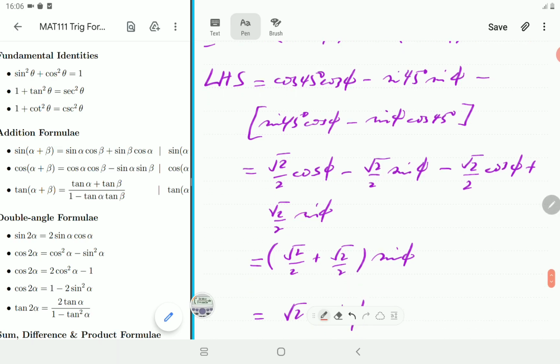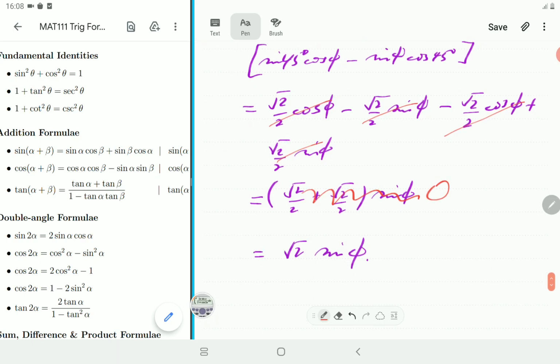Then the sum of these terms are going to cancel out. Just one moment. This is actually going to work out as follows. The cosine terms will cancel out and the sine terms will cancel out.